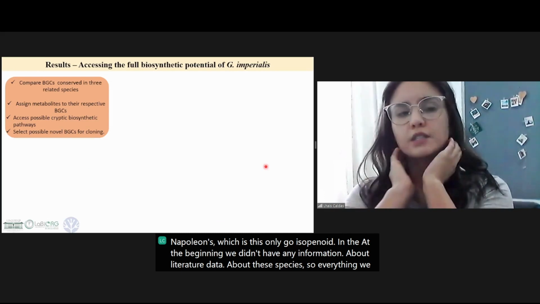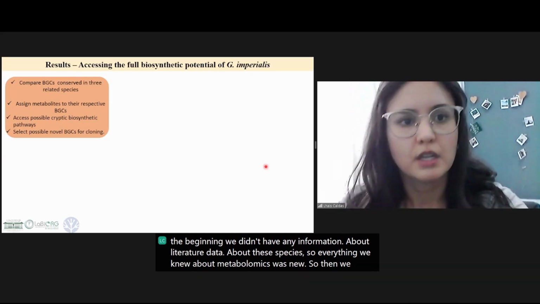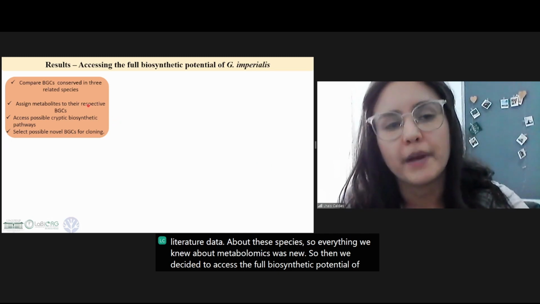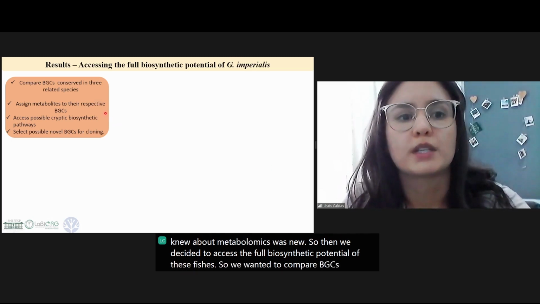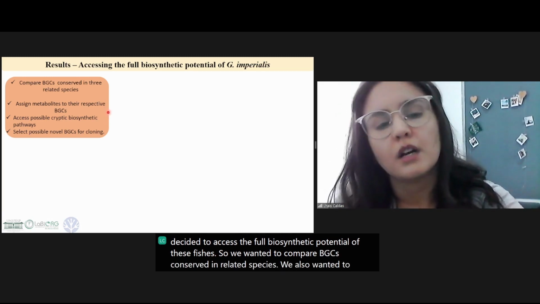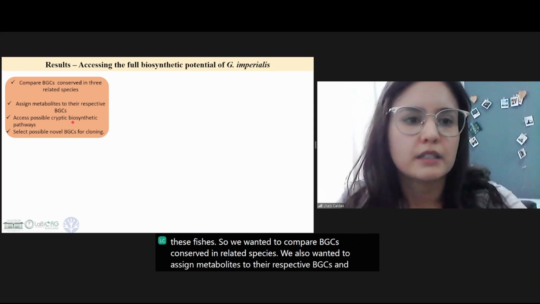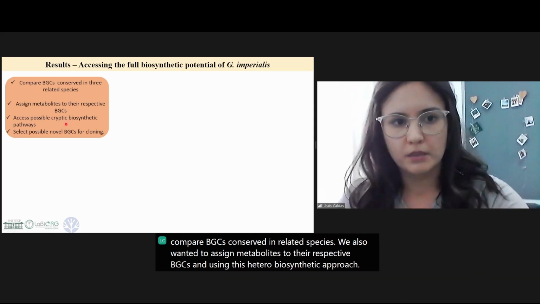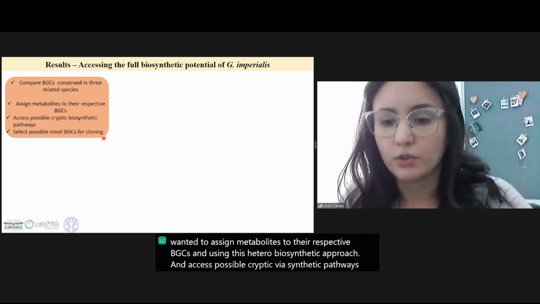So then we decided to access the full biosynthetic potential of this species. We wanted to compare BGCs conserved in related species. We also wanted to assign metabolites to their respective BGCs using this heterobiosynthetic approach, access possible cryptic biosynthetic pathways, and finally select possible novel BGCs for cloning.